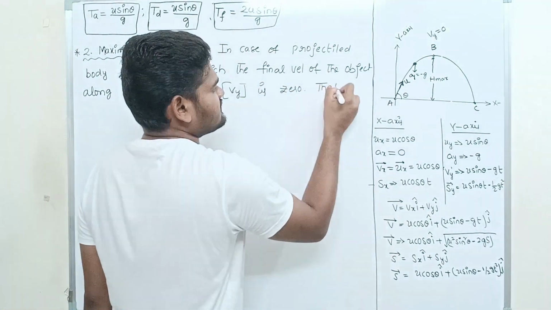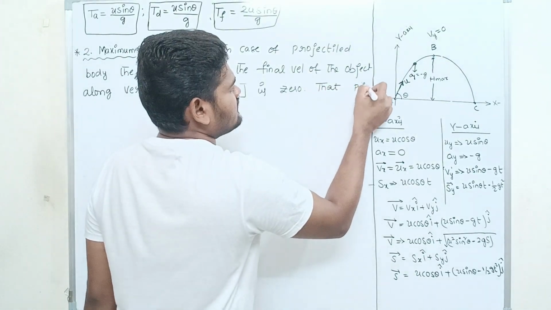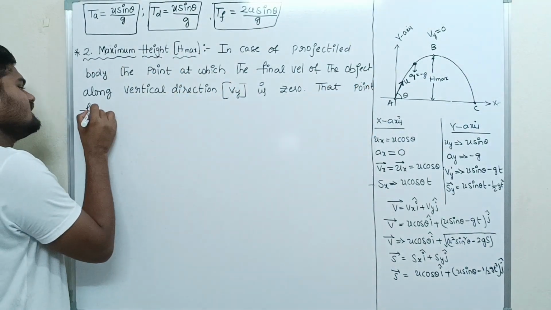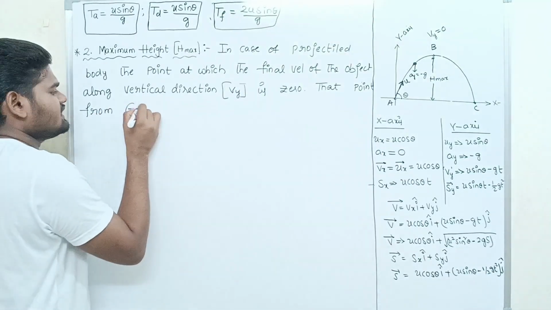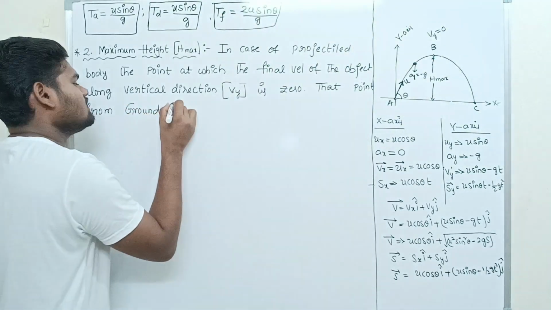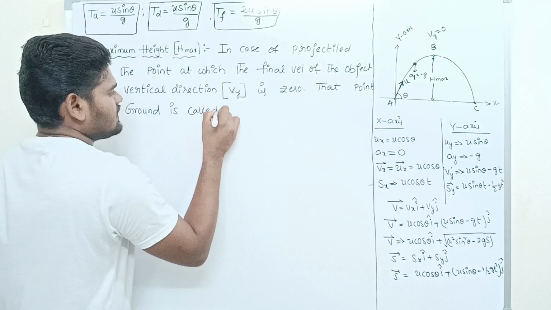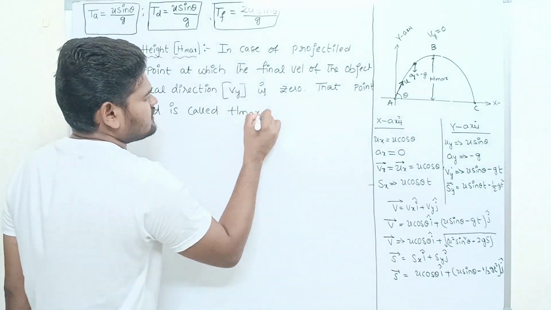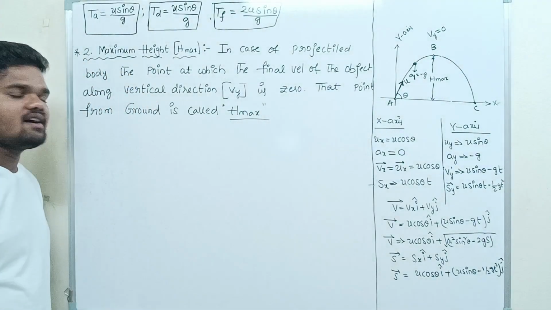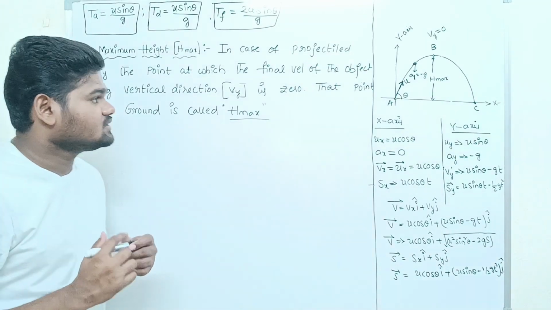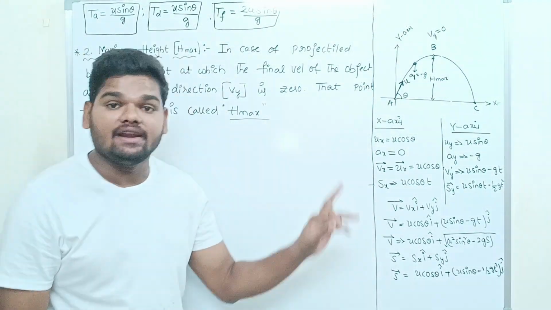That point from the ground is called the maximum height. The projectile body is at maximum height. So have a look, what is the meaning of maximum height?